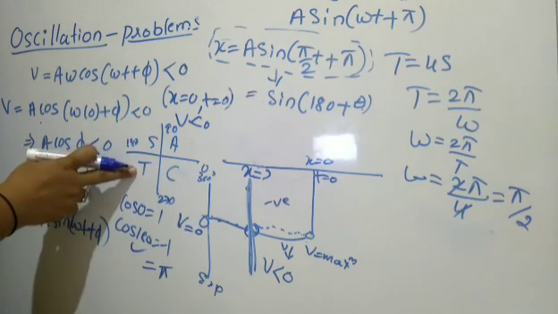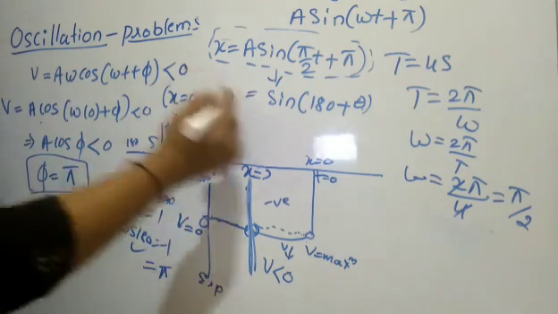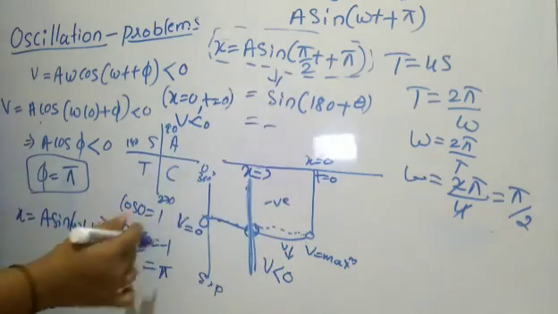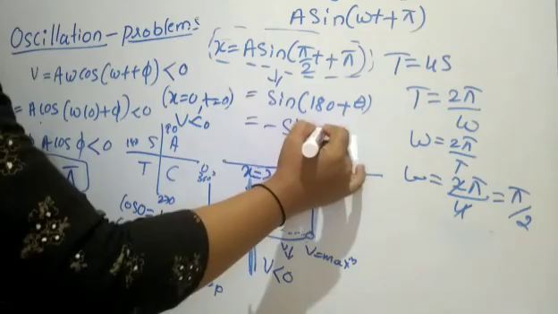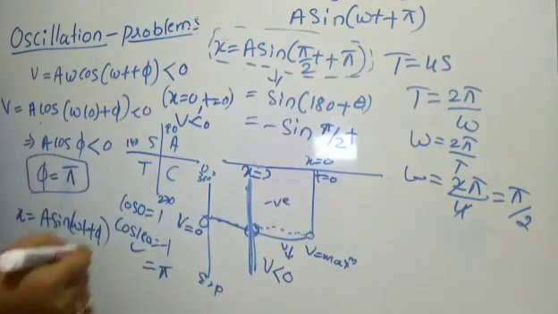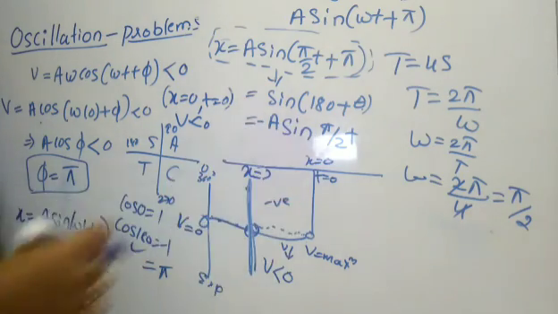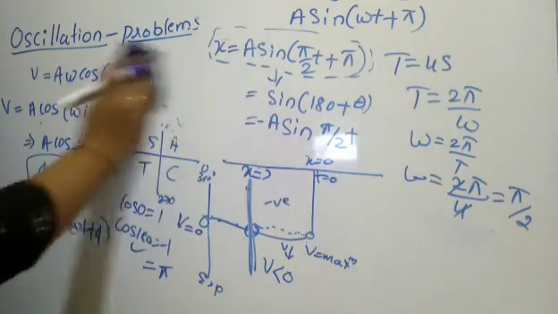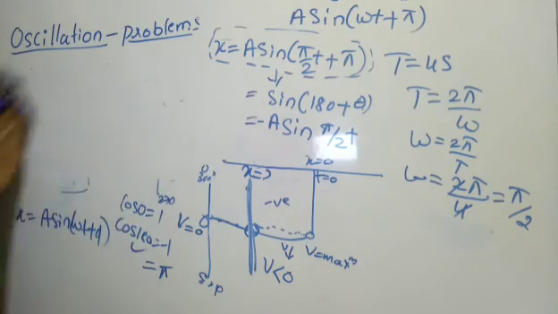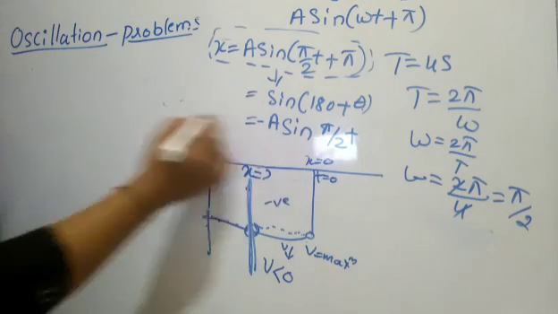So except tan, the remaining are all negative, which indicates a negative sign comes here. Sine of 180 plus theta remains sine only with a negative sign, where theta is pi by 2 t. So we have minus a sin(pi by 2 t). A is also given: the amplitude is 2 centimeters.